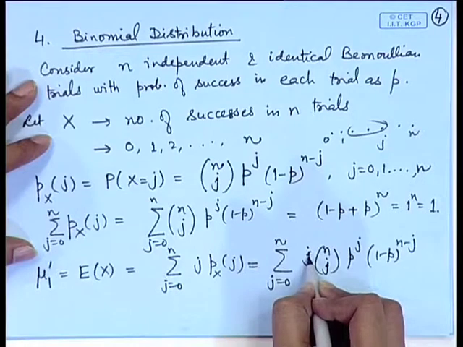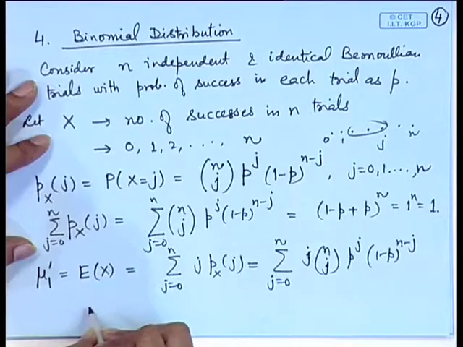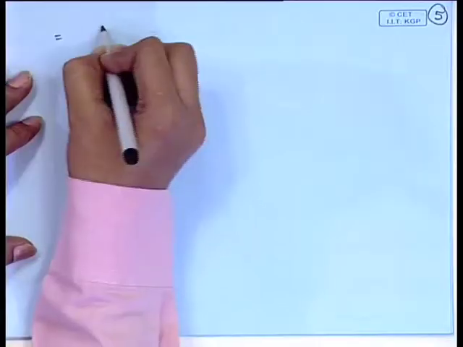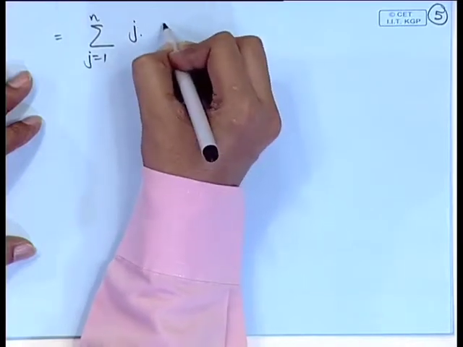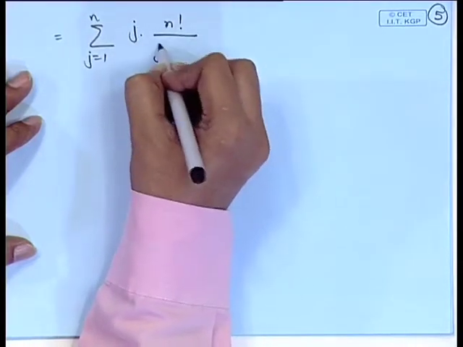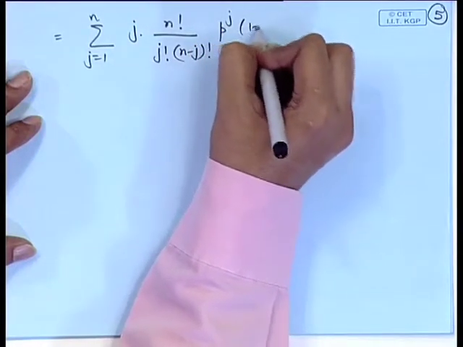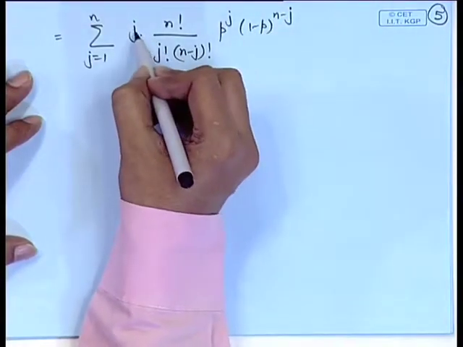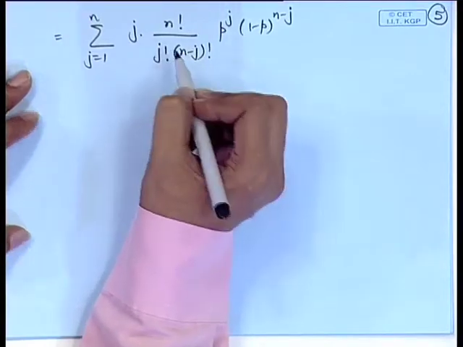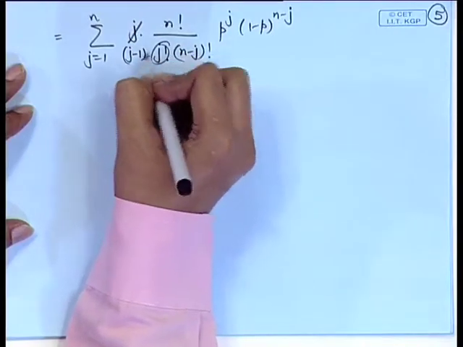First thing is that corresponding to j equal to 0, this term vanishes. So, in effect this sum is actually considered from j equal to 1 to n of j, and this nCj we can write as n factorial divided by j factorial (n minus j) factorial, p to the power j into (1 minus p) to the power n minus j. Obviously, this j and j factorial we can adjust and we can write this as (j minus 1) factorial.